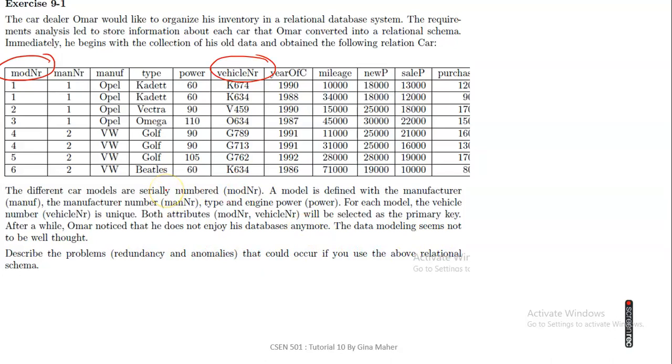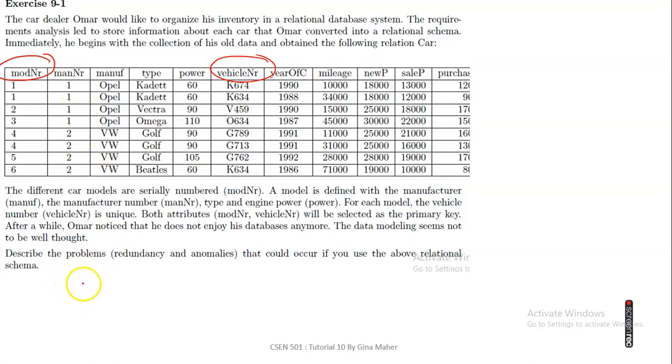In order to know what type of anomalies can happen in this case, let's take a look on the relational schema and see which two attributes are dependent on each other. If we look here, we will find that the manufacturer number and the manufacturer always dependent on each other.